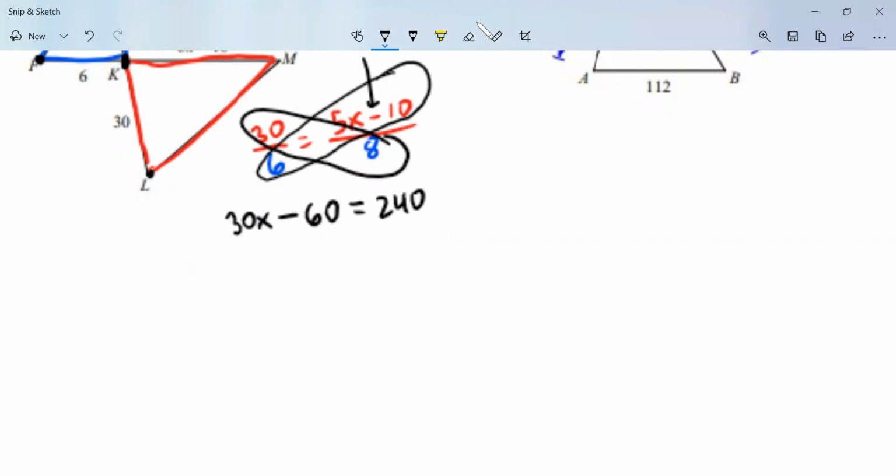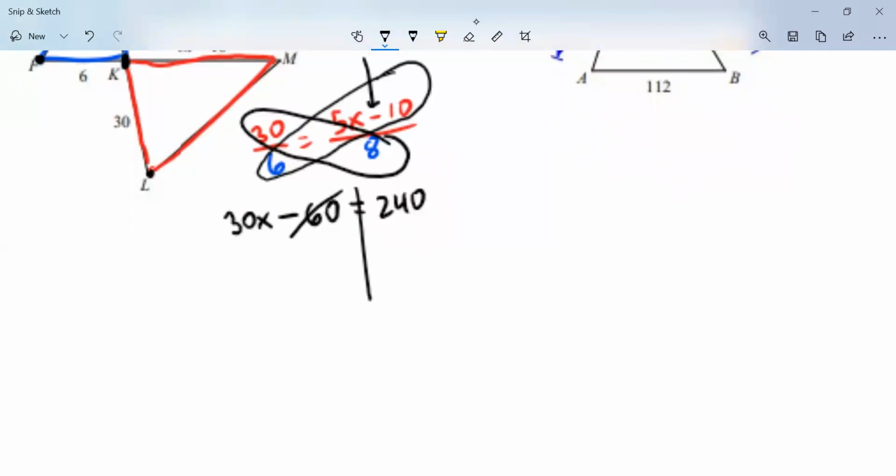I want to have the 30x by itself. So the minus 60, I want to cancel the minus 60, but in math, we don't just cancel it. I'm going to move it to the other side of the equal sign, okay? So it was minus 60 here. So matter of fact, if you want to write a little line that separates the equal sign, that's good.